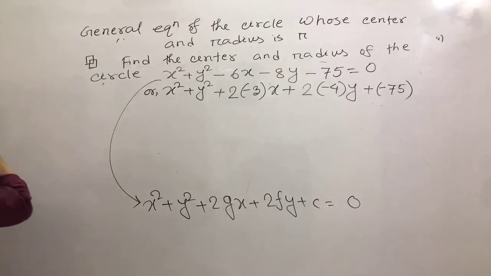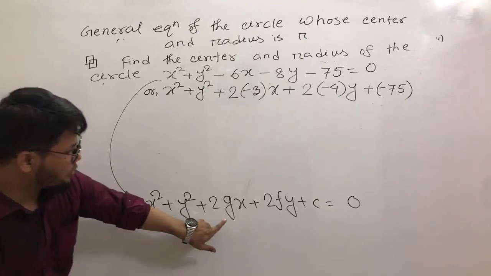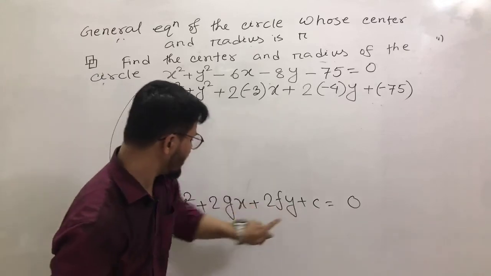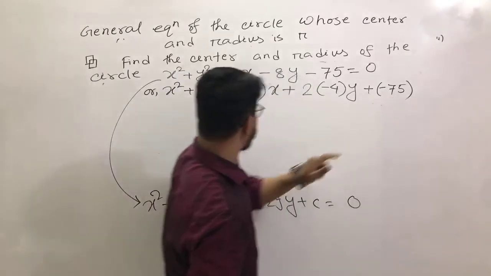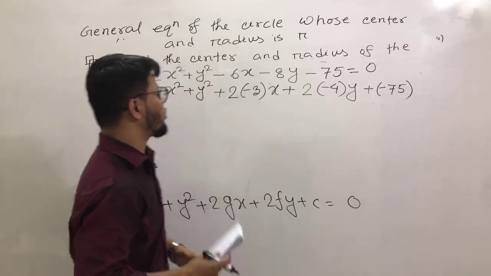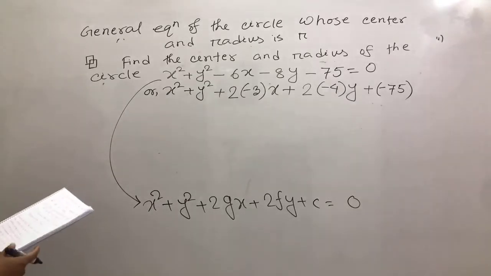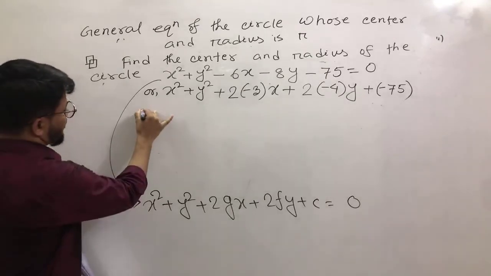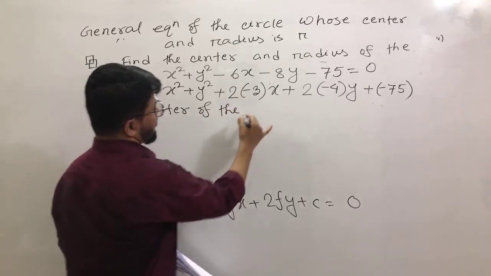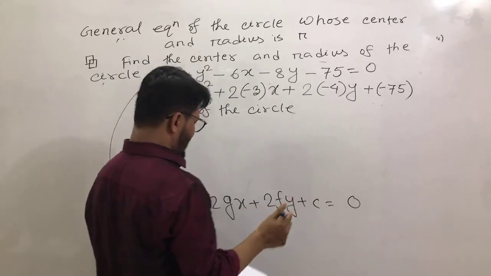So what will be the center here? Comparing with the standard form, c equals minus 75, g equals minus 3, and f equals minus 4. The center of the circle is minus g and minus f.